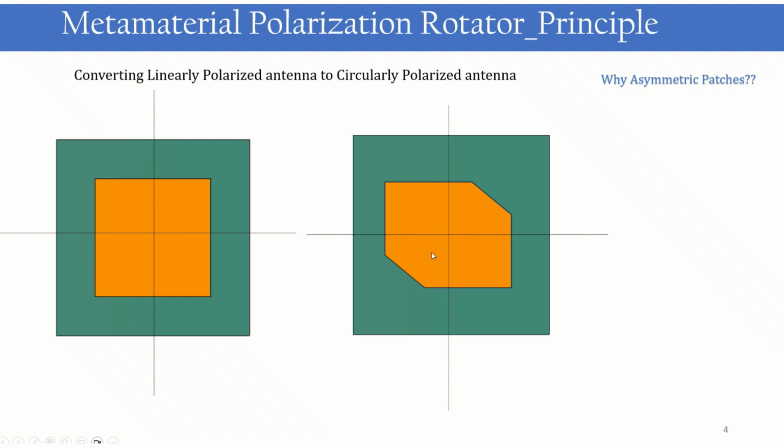That means we are disturbing the linear polarization by introducing some asymmetry to the structure. That is how we obtain circular polarization. So if we have to obtain or manipulate the polarization, we have to introduce asymmetry to the structure. This is just an example to give some idea about how polarization and symmetry of the structures are related.